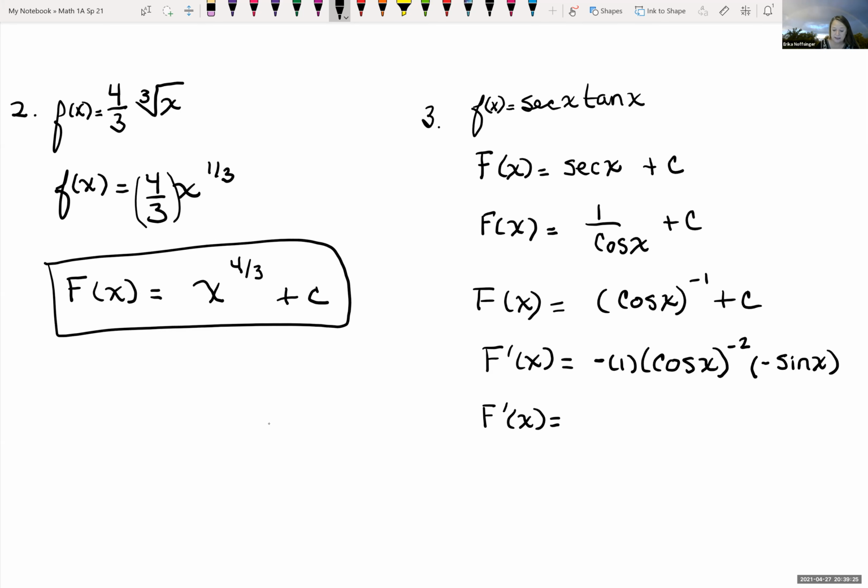So let's rewrite this. Notice I have a negative and a negative. That's a positive. I'm going to have a sine x in my numerator because that doesn't have a negative exponent, all over cosine of x quantity squared, which I'm going to rewrite as cosine of x times 1 over cosine of x.